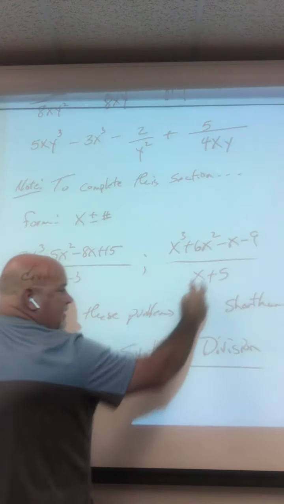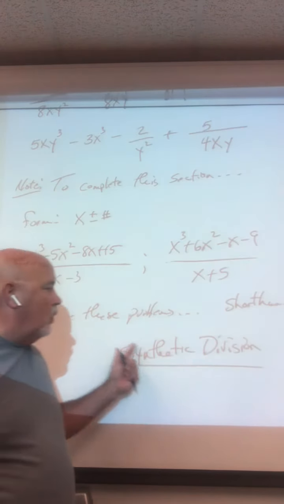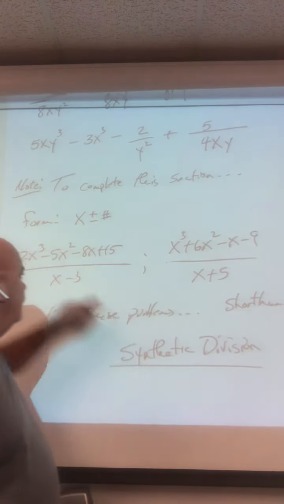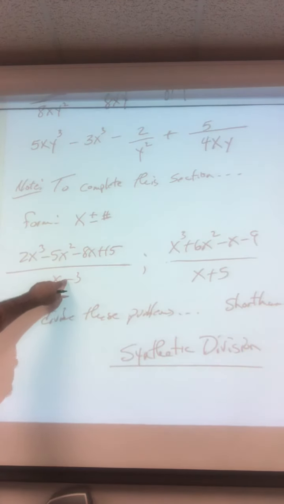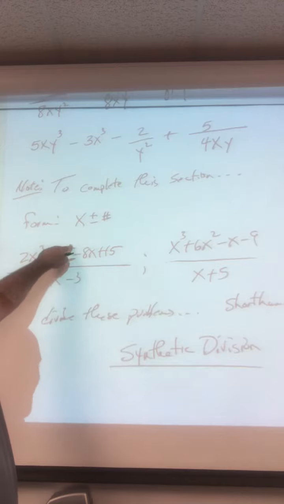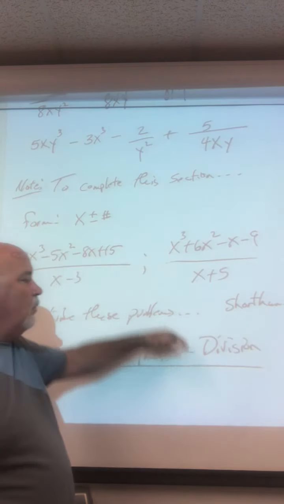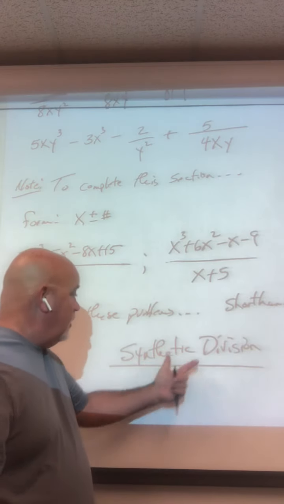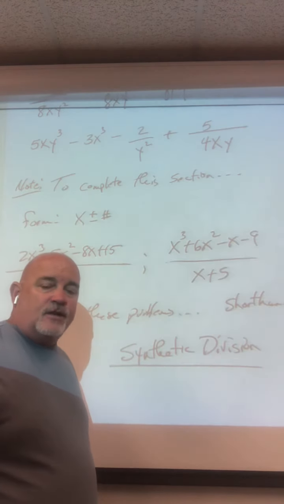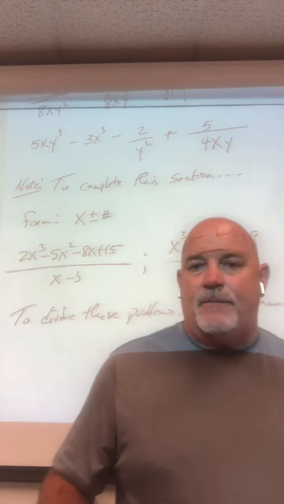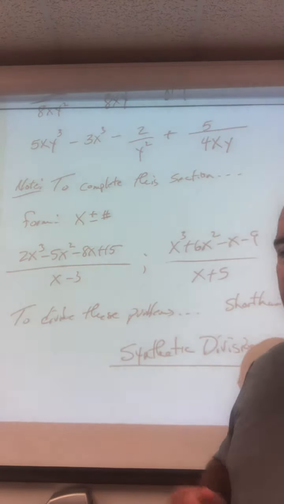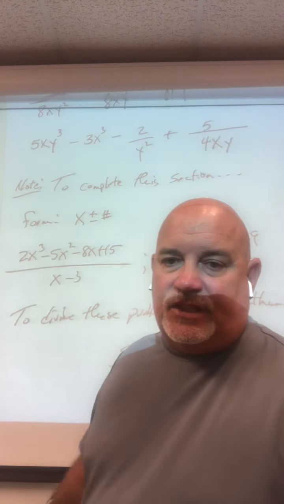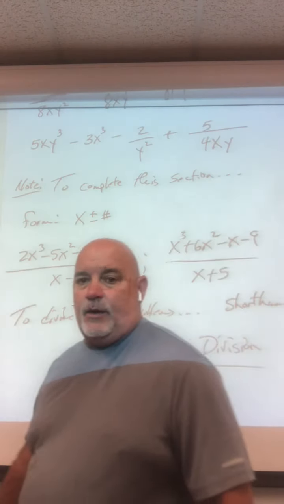That's what we're talking about in these problems. And I told you we're going to use a process called synthetic division to get the answer. So this is my divisor. This is my dividend. So what I'm going to show you is how to get the quotient, which is your answer, by doing synthetic division. So how do we divide by synthetic division? That sets us up for our next video in section 6.4, part 2 video coming up next.